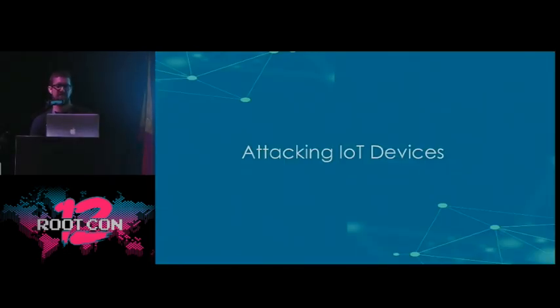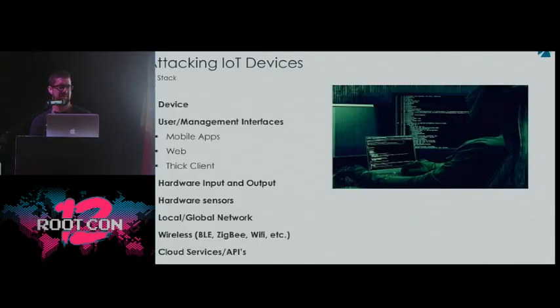So now to the more fun part, we're going to jump into attacking IoT devices. The IoT stack is very wide. When you're testing an IoT device, you're not testing just the device, but you're testing the device and everything else that lives around it. And that includes all the user management interface. Sometimes it can be mobile apps, web application, or thick client application.